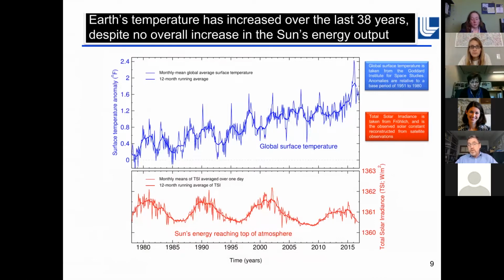So you can see that during the period of time we've monitored the sun's energy output, the average temperature at Earth's surface has increased. That's the blue line in the top panel, but the sun's energy hasn't increased. So if you're arguing, as many people do, that an uptick in the sun's energy output explains all of the surface warming, that just doesn't explain the blue curve.